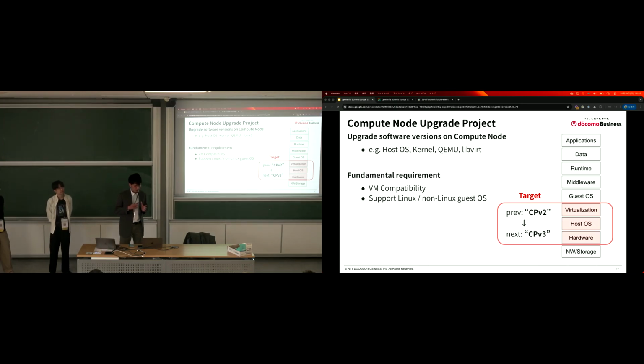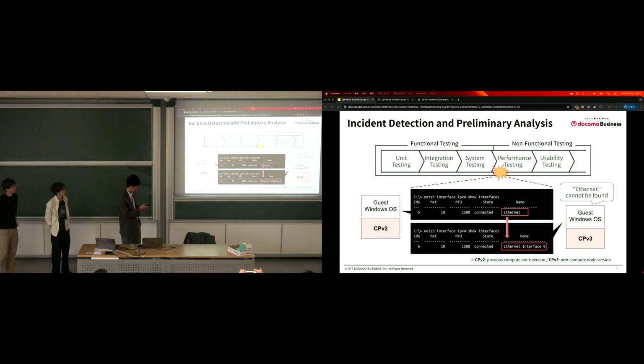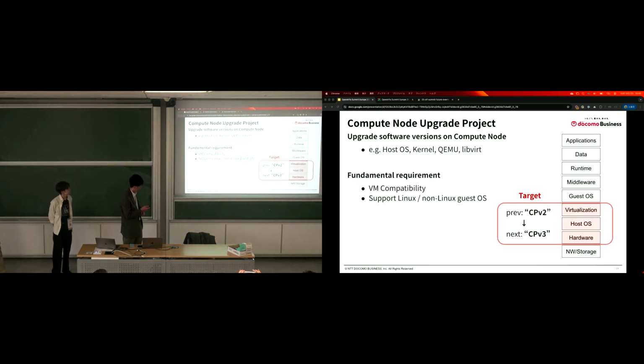This was a major upgrade project, including major version changes for almost all software components, like host OS, kernel, QEMU, and libvirt. In this presentation, we'll refer to the old version compute node as CPV2, compute version 2, and the new version as CPV3.